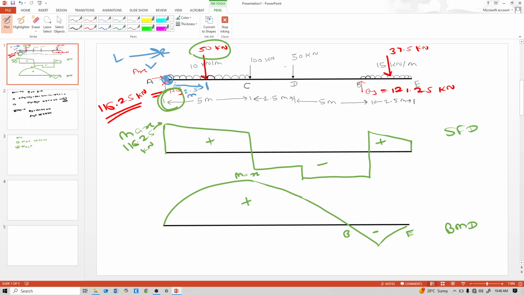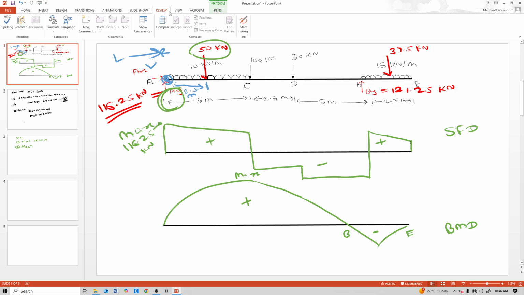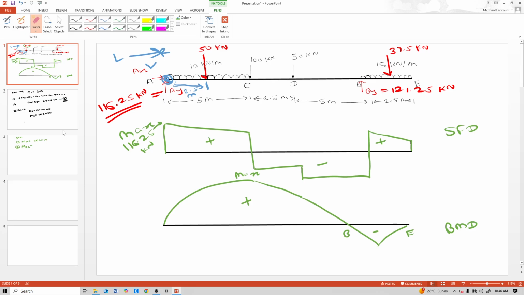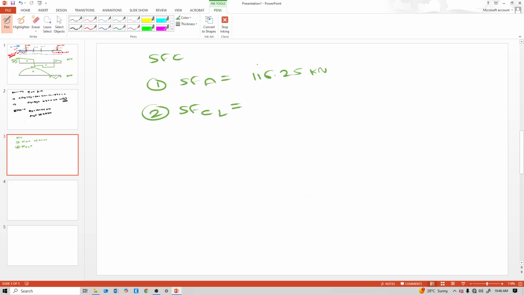So upward is positive and downward is negative. So positive AY minus 50. And AY is 116.25 minus 50 equal to 66.25 kilonewton.